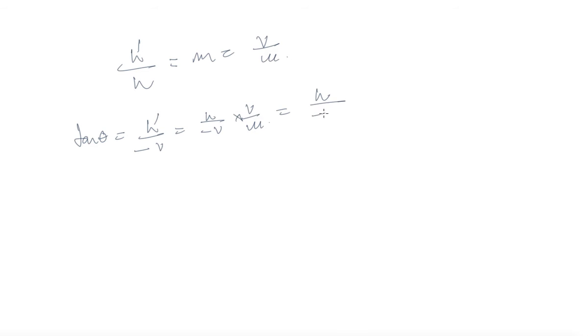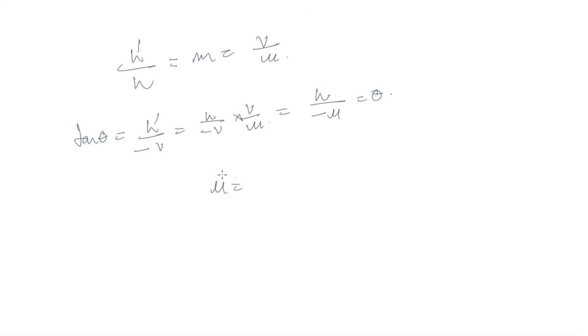What we have is h dash upon h is nothing but your m, which is nothing but v by u. Therefore tan theta, as we have derived earlier, is h dash upon v, which is equal to h upon u, which is equal to theta.